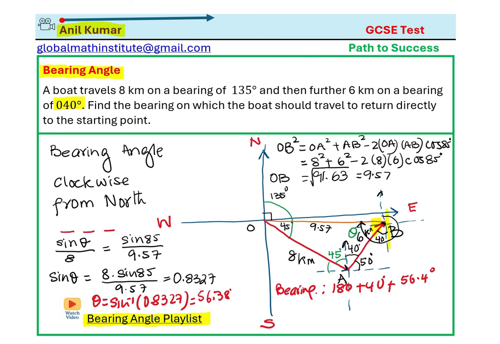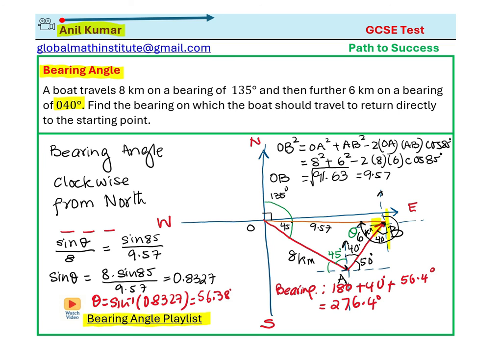Correct. So that is what it is: 276.4 degrees. So the bearing angle for return is 276.4 degrees, right, as shown in the diagram, correct?